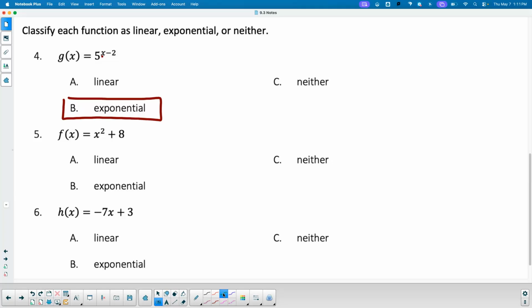It's 1, right? So linear ones have exponents that are 1. Exponentials have the variable in the exponent. Everything else is neither. So this has an exponent of 2. Actually, it makes a parabola, one of those U-looking things.